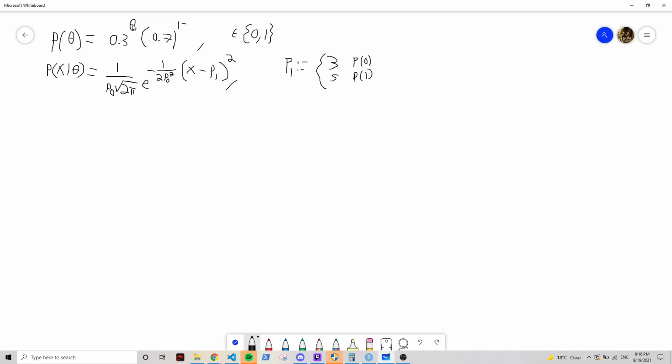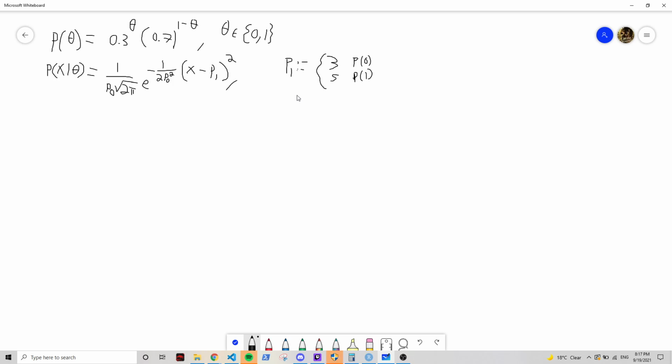Theta in this case is our discrete portion, and the Bernoulli parameter value is 0.3. So hopefully that's not confusing. Now theta is our 0 or 1. When our Bernoulli random variable is equal to 0, then our mean p1 is equal to 3, and when it equals 1, then our mean equals 5.